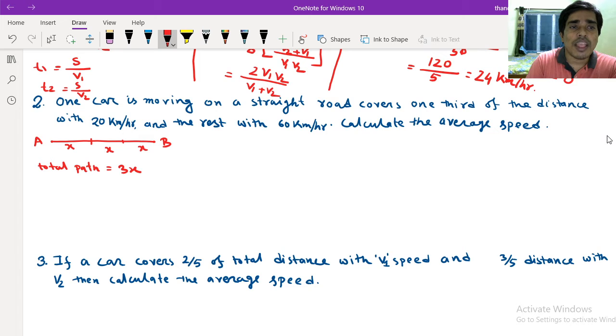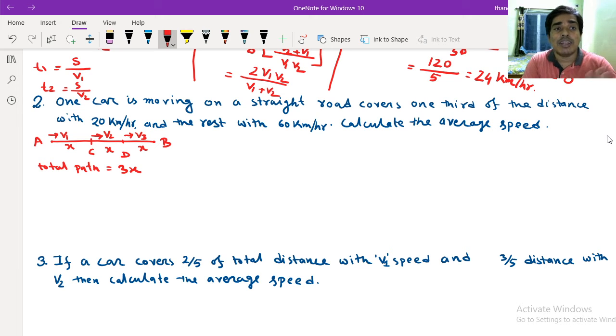Now the car is moving on a straight road and covers 1/3 of the distance. Suppose the points are A, C, D, and B. The car moves with velocity v1 in the first part, v2 in the second part, and v3 in the third part.